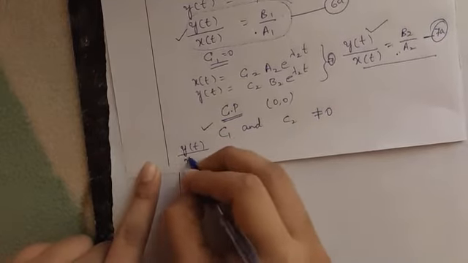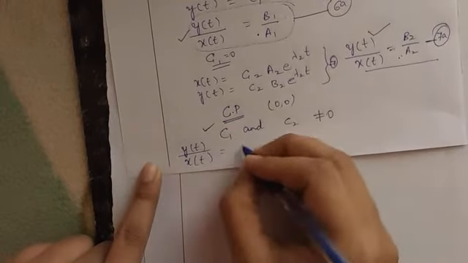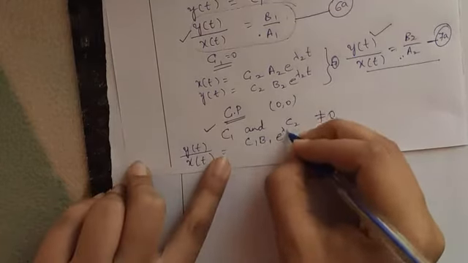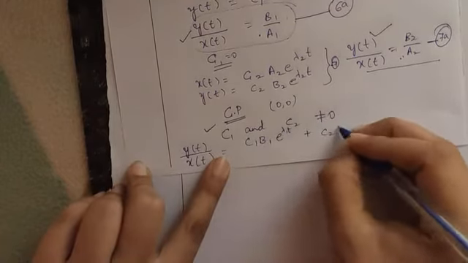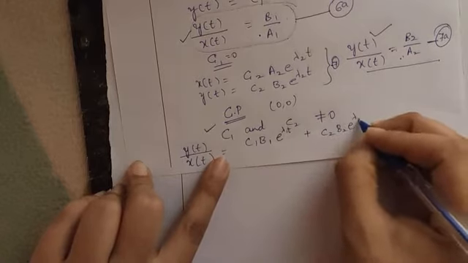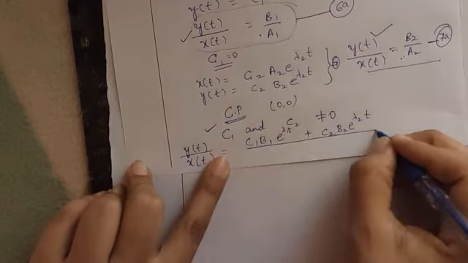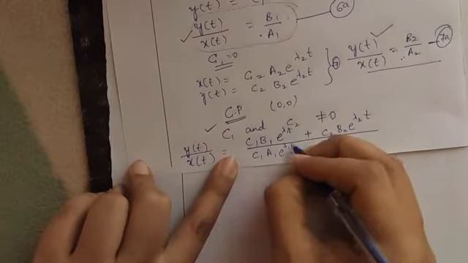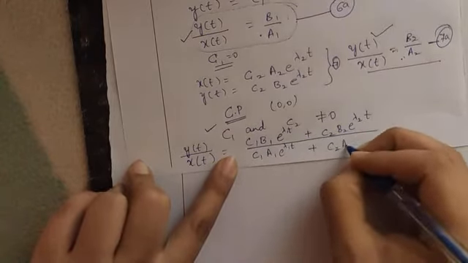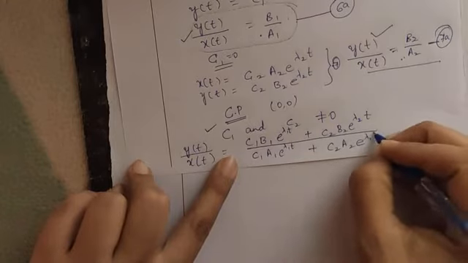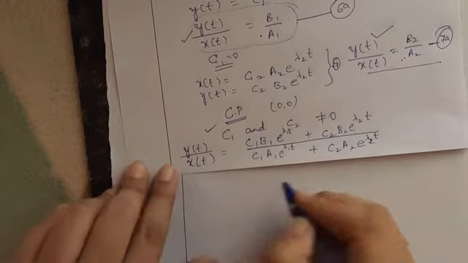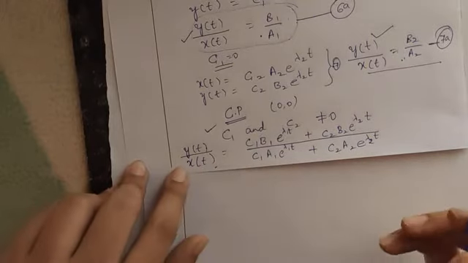I can write y of t by x of t as c1 b1 e power lambda 1t plus c2 b2 e power lambda 2t whole divided by c1 a1 e power lambda 1t plus c2 a2 e power lambda 2t. This is your y of t by x of t.